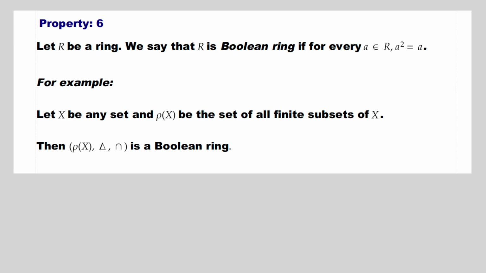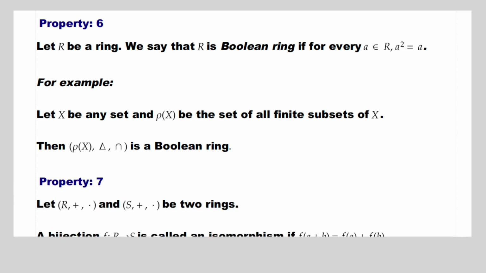We say that R is a Boolean ring if for every a belongs to R, a square equal to a. For example, let X be any set and ρ(X) be the set of all finite subsets of X. Then (ρ(X), Δ, ∩) is a Boolean ring.